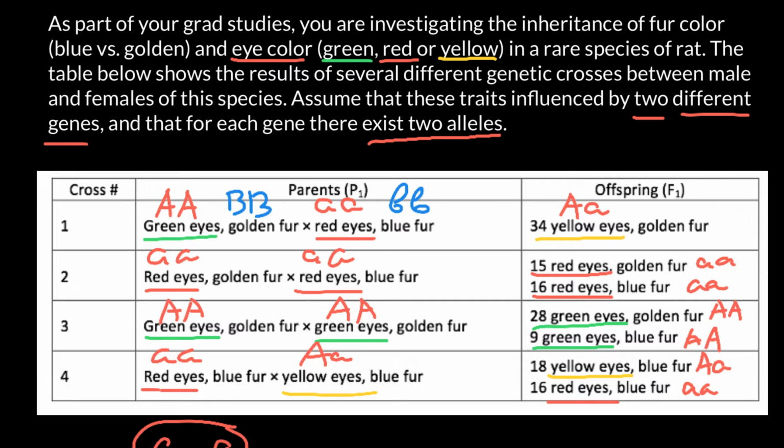And in the progeny, golden, blue, and if golden is completely dominant, allele B, which produces golden color, is completely dominant over the recessive allele, then in the progeny we would see that 100% would be heterozygous and would have golden fur, because the dominant allele is completely dominant over the recessive allele.